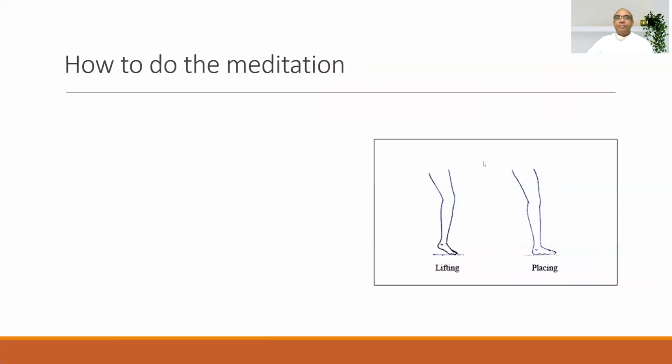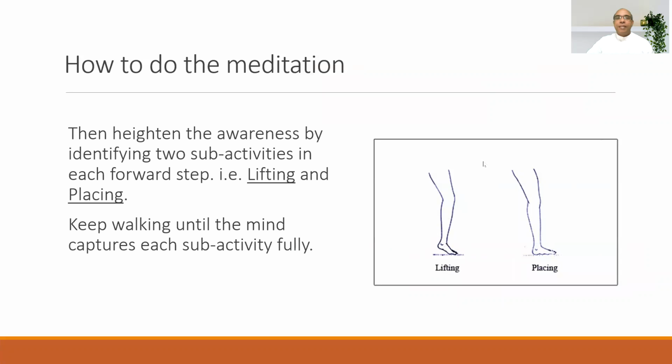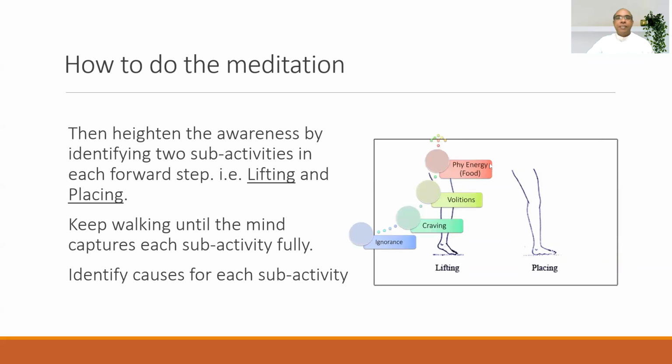Then breaking the stride into two steps, 2 sub-activities, and become mindful of each one, each sub-activity. And then each sub-activity causes, for that you need to monitor in the mind. Of course, the causes are the same because the decision for each sub-activity is also being taken by the mind.